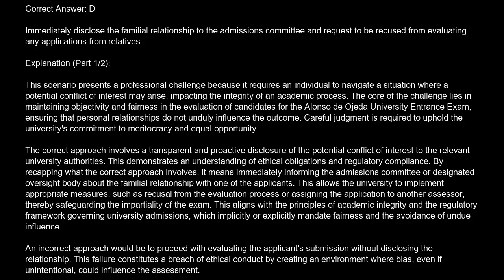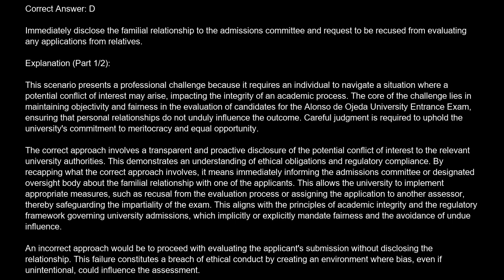The core of the challenge lies in maintaining objectivity and fairness in the evaluation of candidates for the Alonso de Ojeda University entrance exam, ensuring that personal relationships do not unduly influence the outcome. Careful judgment is required to uphold the university's commitment to meritocracy and equal opportunity.